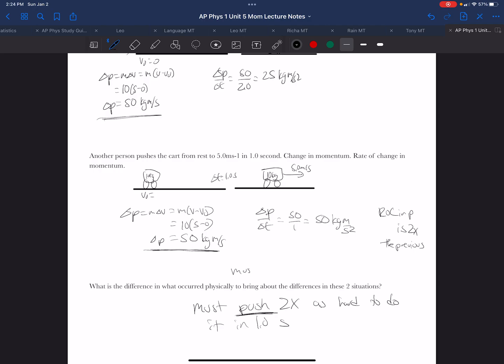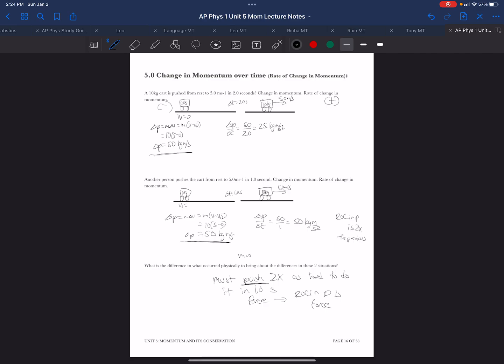And that push is force. And again, the rate of change in momentum is force. Different forces, different rates of change in momentum. Force is the rate of change in momentum.